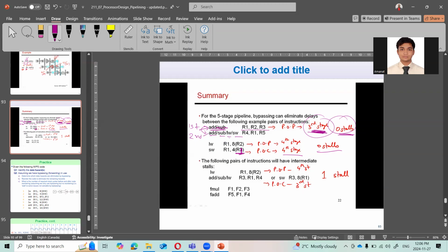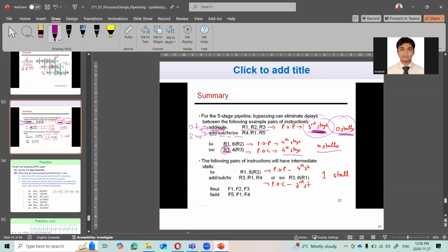But for R1 being used here, you need 0 stalls, because you need R1 at the fourth stage to specify what value is being written to the memory location.